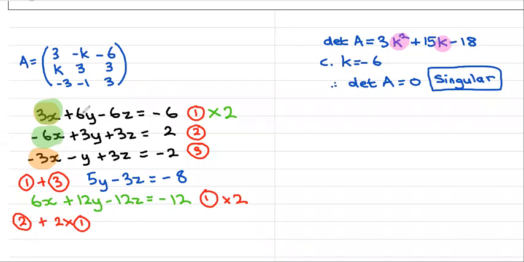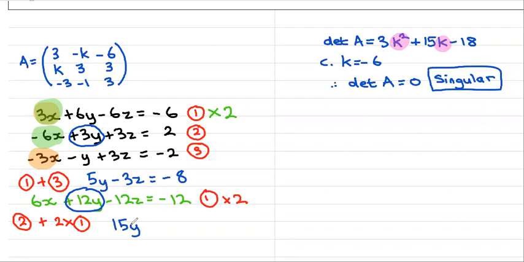Now, if I take equation 2 and then add 2 lots of equation 1, I'm going to get 18y, because I've got plus 3y plus 12. Why did I write 18? That was stupid, wasn't it? Not 18, that's going to be 15y.